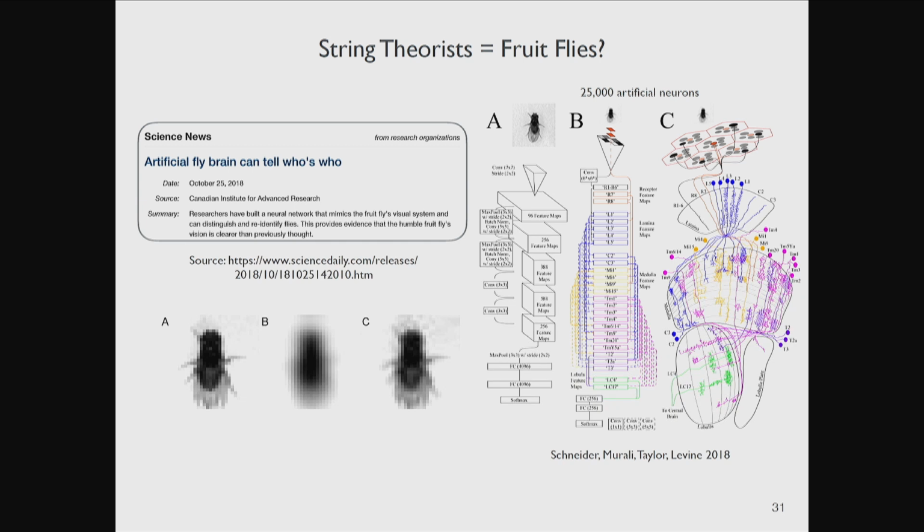People apparently traditionally thought that fruit flies really only see a blob resulting from this, because their processing of the data is so bad. But then people tried to reconstruct this with a sophisticated neural network, and now people think that fruit flies actually can see some details and even discriminate different other fruit flies from each other, so it helps in their daily life. So the idea is that maybe string theory can also profit from machine learning in this sense and improve our vision on the string landscape.